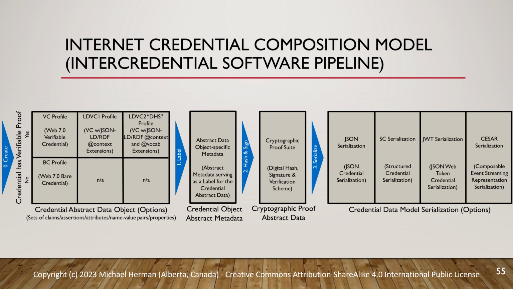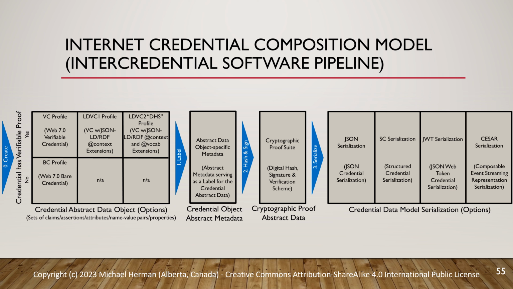Step 3 is serialize. Once we have the abstract data object, properties, attributes, name value pairs, we have the label, i.e. the metadata that describes the credential, and we've attached the cryptographic proof and added that to the bag or sack of properties that we've collected so far. We now need to move to step 3, which is to serialize that data.